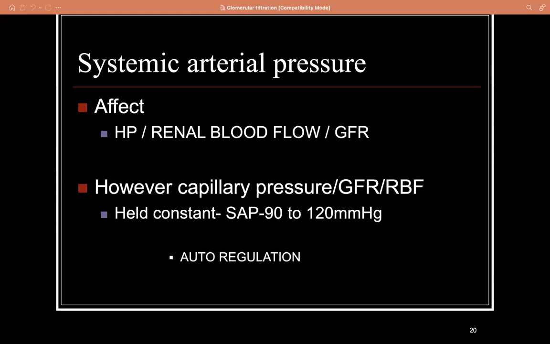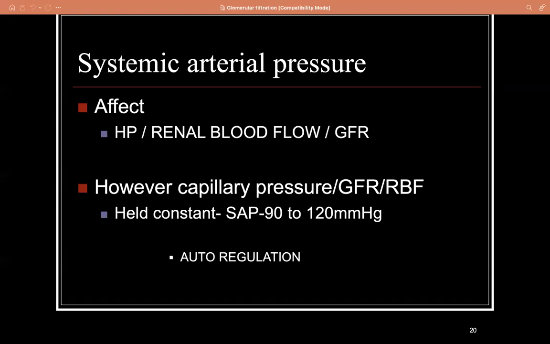It's ideal. And therefore it will push blood enough so that 20% of the cardiac output will reach the kidney very easily, very comfortably. And you don't have to struggle about it. When the blood pressure is normal, everything is okay.